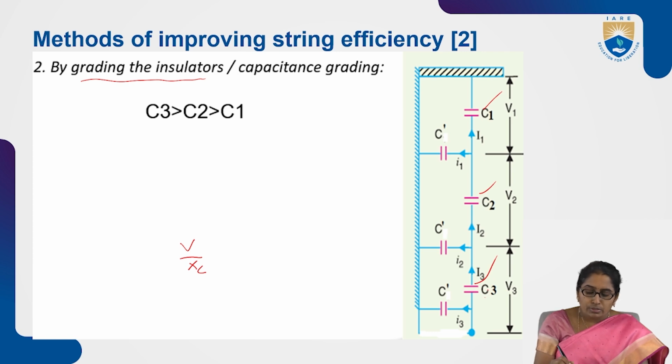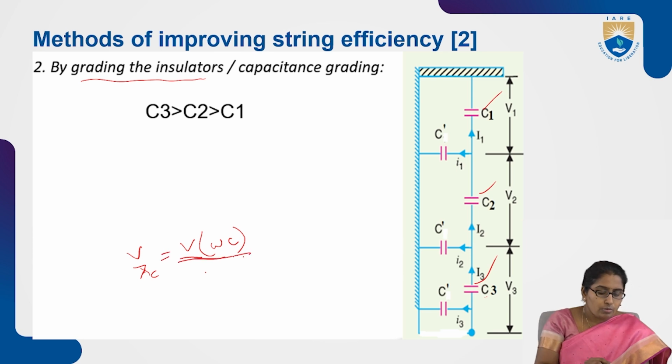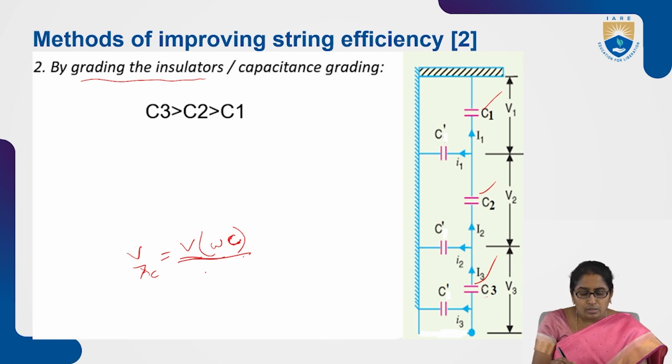We have to talk in terms of C, right? V by XC means V into omega C. Because the bottom unit experiences the maximum voltage, we have to use the maximum value of capacitance, C3, here.